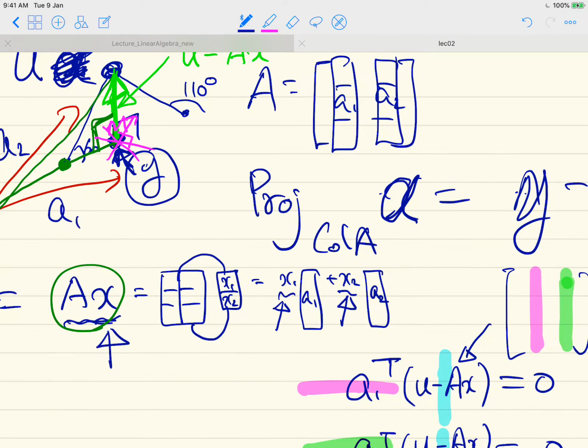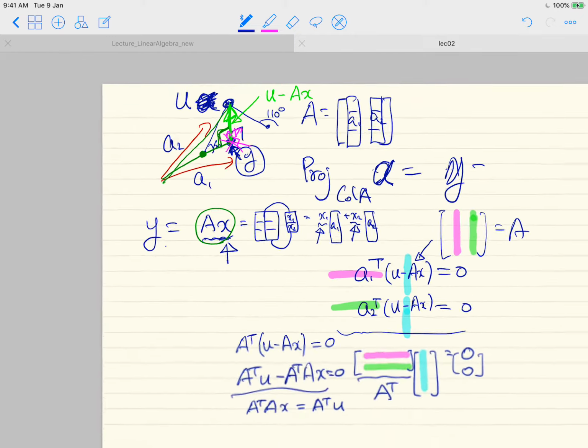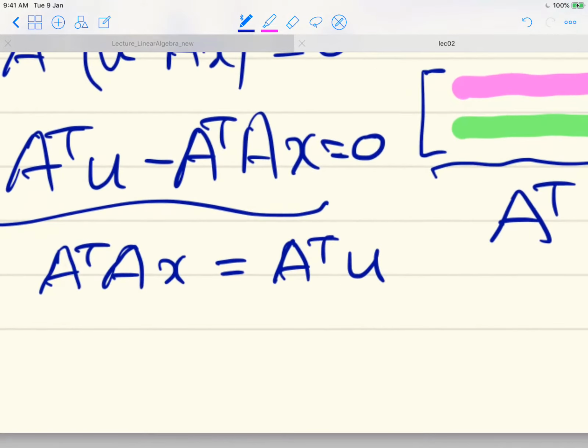So the projected point is represented as A times x. To explicitly represent that, the projected point should be on the subspace spanned by A1 and A2, right? So that is the story. And u is our given or input vector. So u is a constant vector.